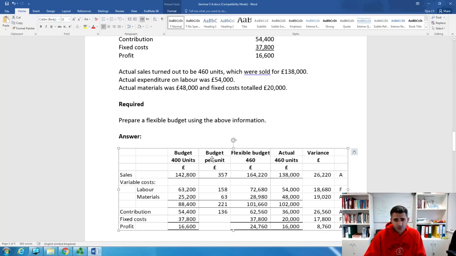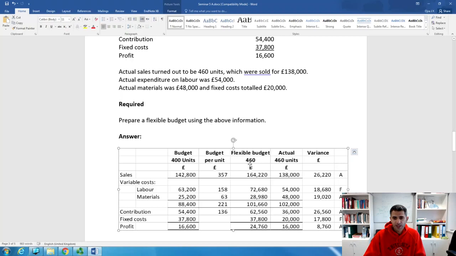So once we found the budget per unit here, what you need to do really to prepare a flexible budget, it's a very simple way to do it, you just need to multiply the budget per unit by the flexible budget here, which is the 460 units.